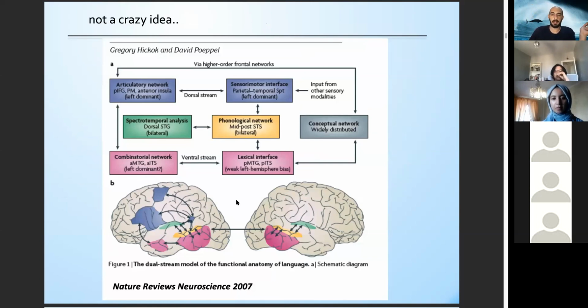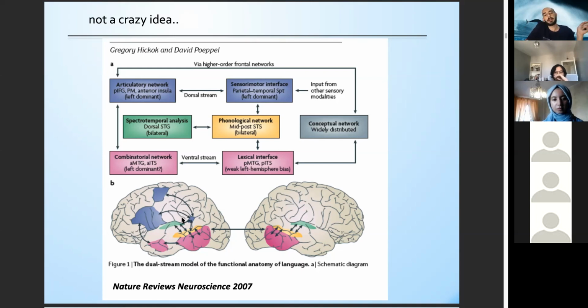It might actually be an idea even endorsed by more grammatically oriented folks like Greg Hickok and David Poeppel, who, if you remember, mentioned the idea of a dorsal stream from a syntax articulatory network in your Broca's area to your sensory motor interface, and then your phonology here.